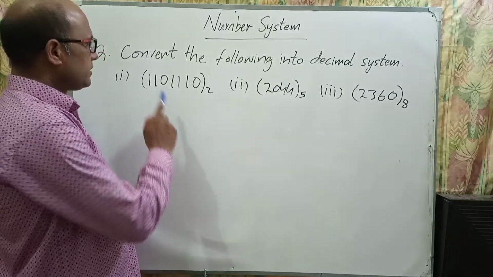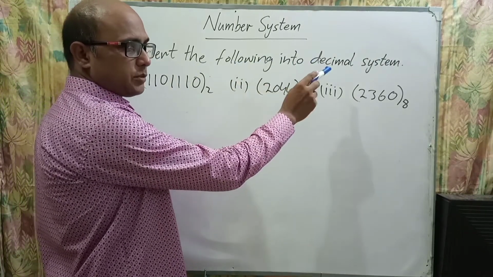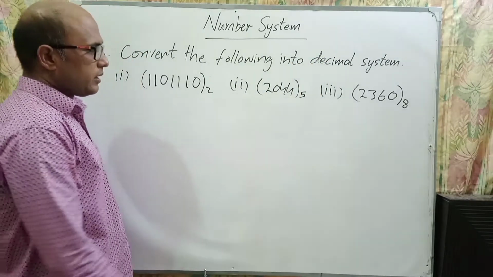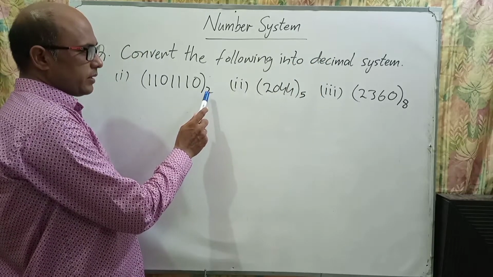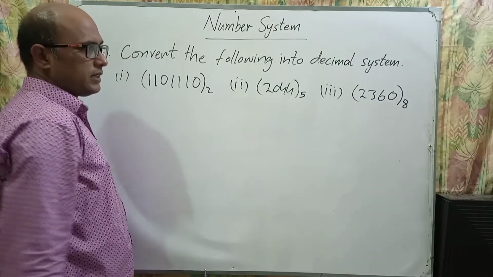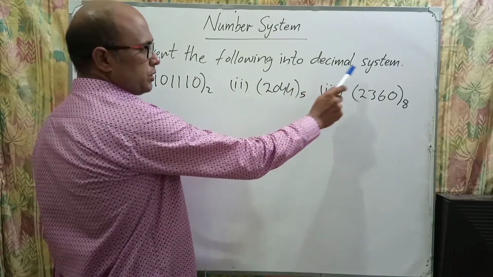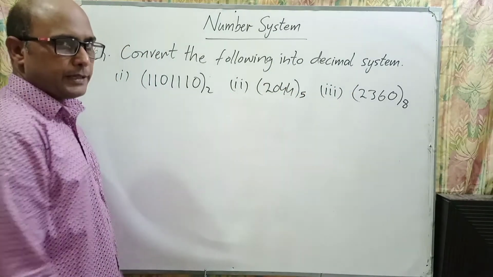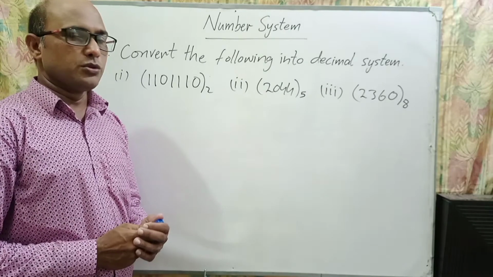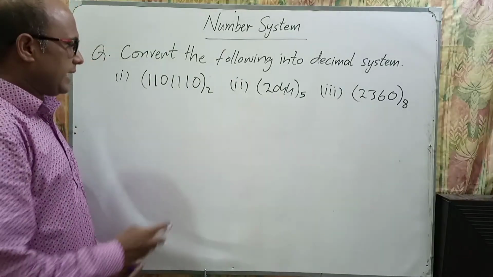First of all, we'll convert the following into decimal system. We are given base 2, base 5 and base 8 numbers. We have to convert them into decimal system. So let's learn, students, how to convert the numbers with different bases. Let's start.